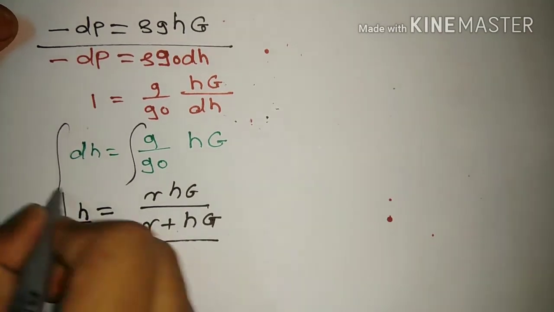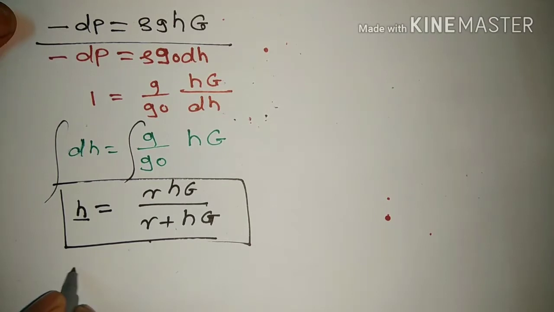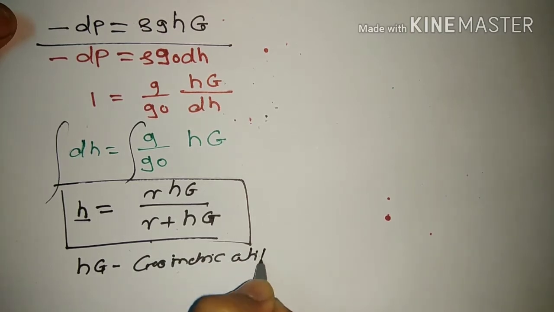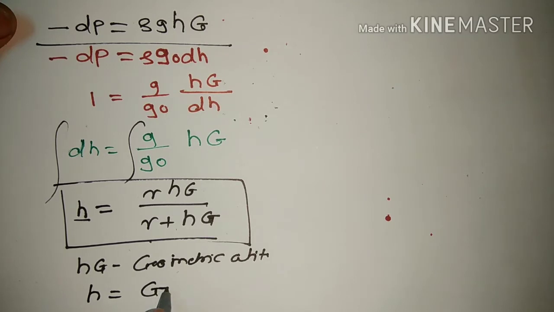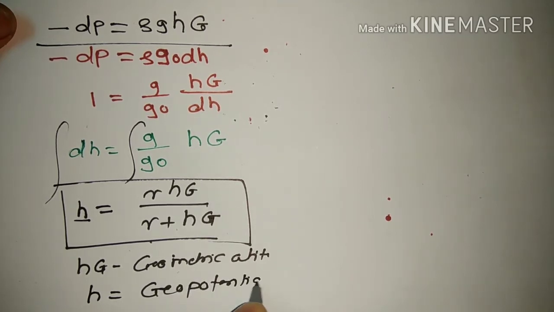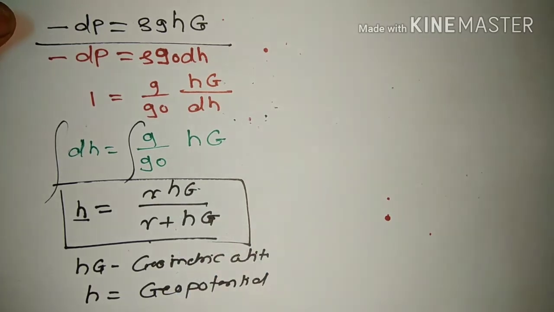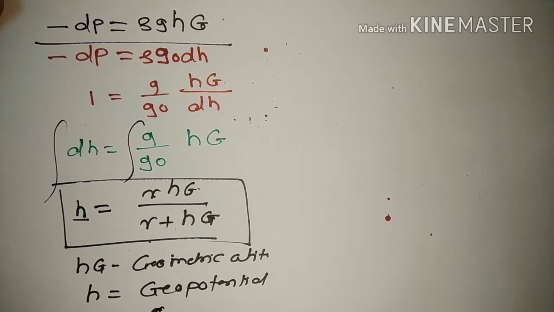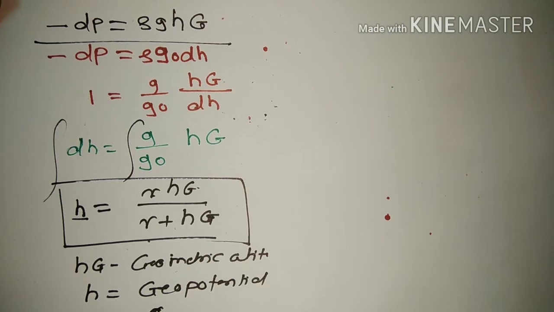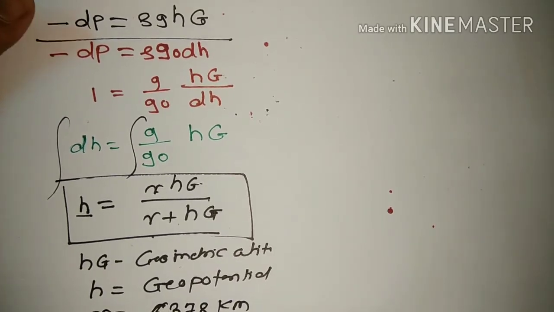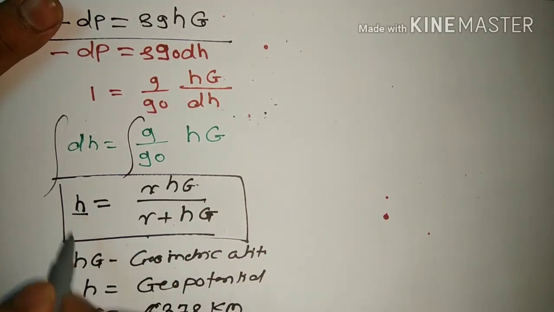If we know Hg is the geometric altitude and H is the geopotential altitude, and the earth radius is around 6,378 kilometers, we can put that here and calculate the geopotential altitude.